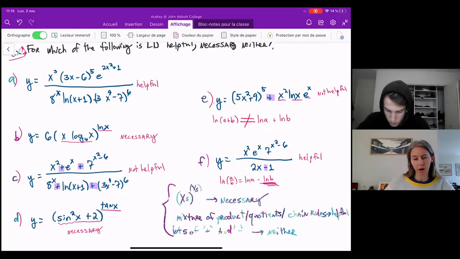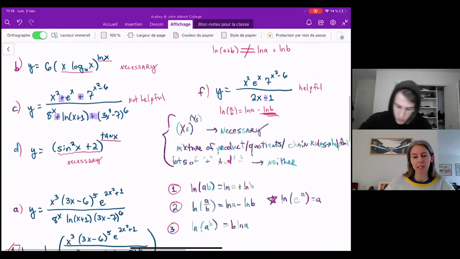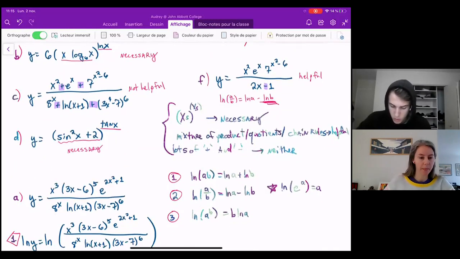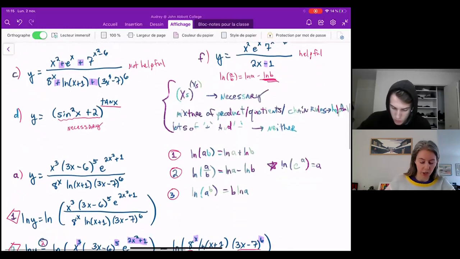B kind of looks scarier, and it maybe is, but I think that D has things in it that people tend to mess up more. So sine squared x plus 2 to the tangent x.